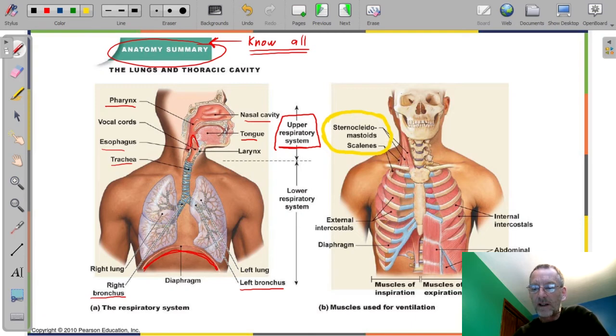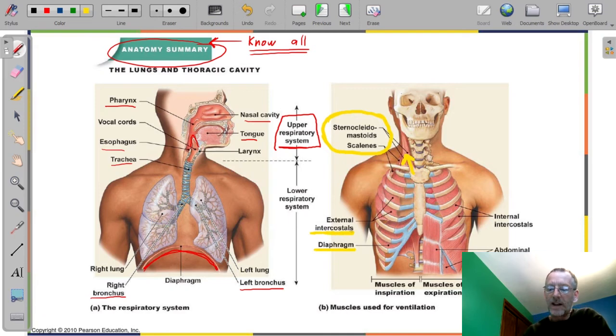The sternocleidomastoid inserts on the clavicle and the sternum, and these will lift and raise the rib cage during forced inhalation. And then we have the external intercostals and the diaphragm.